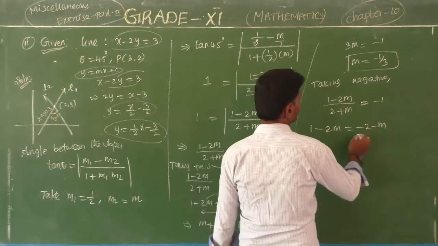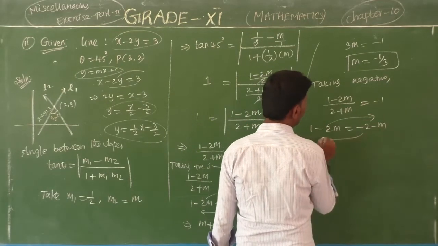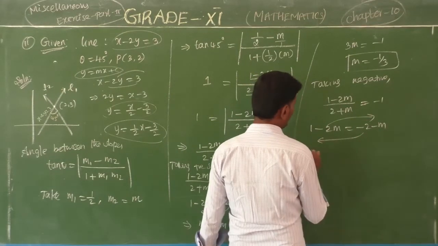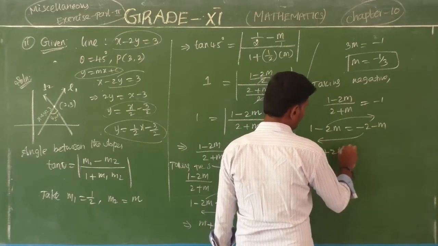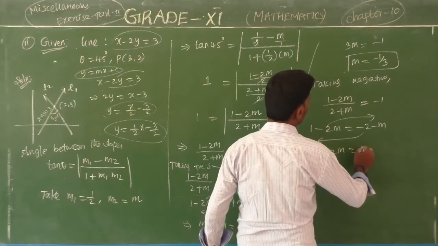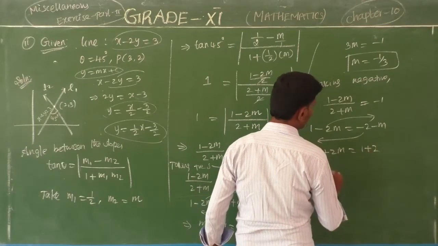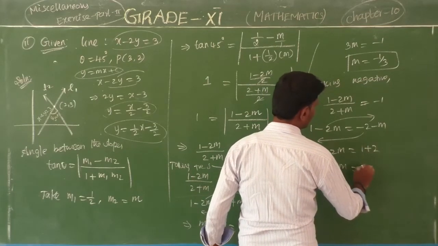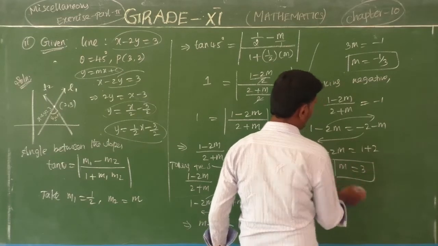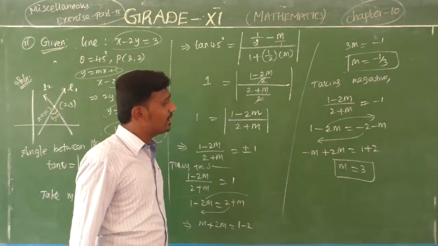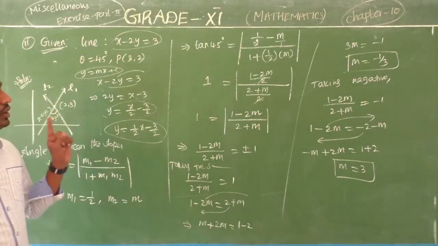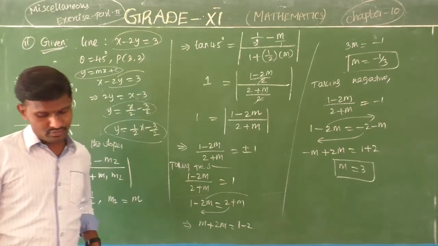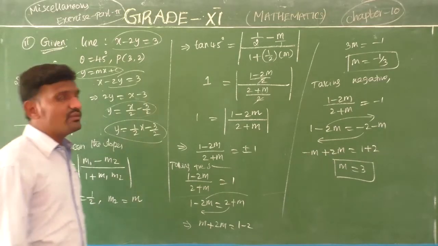Now, minus 2m moving that side, minus 2 coming this side. So already minus m, so plus 2m, which is equal to 1 plus 2, which is equal to 3. So minus m plus 2m is m, and 1 plus 2 equal to 3. So you have two values of slope.